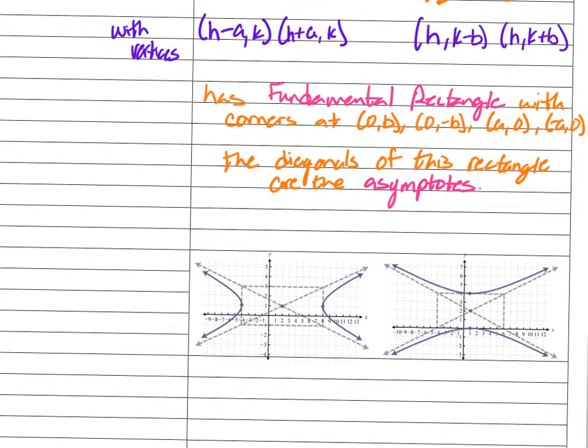Here, if you can see the dotted line here and here, the box, you can see the box. That's my fundamental rectangle, okay? Woo, can't spell rectangle today. Fundamental rectangle.